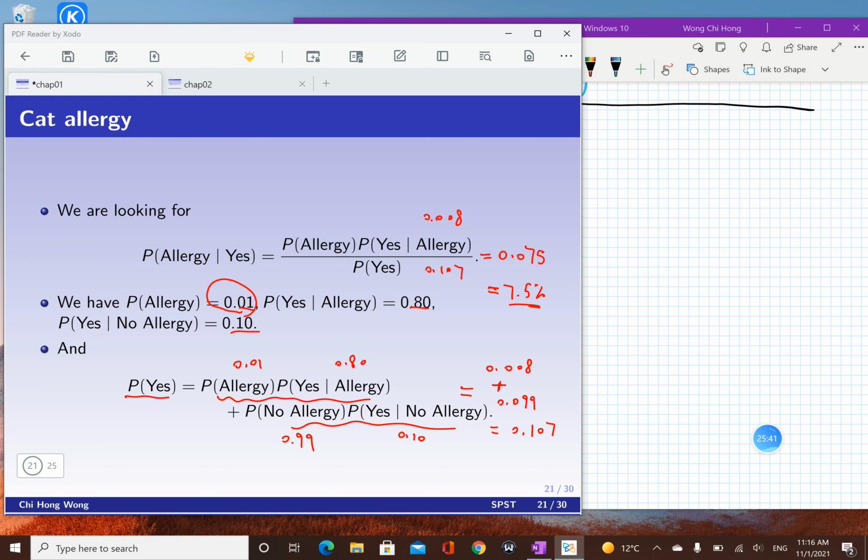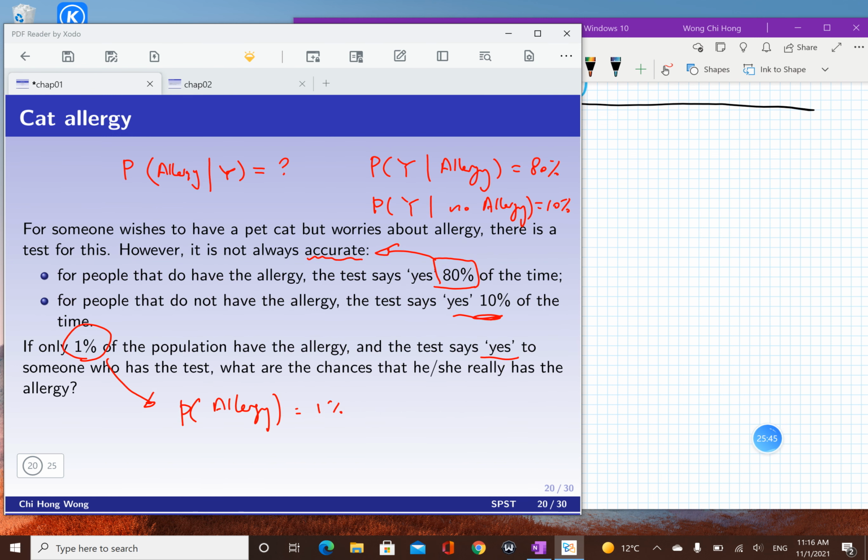The accuracy of tests is about these numbers. If people have the disease, how likely is it that the test will give you a positive result, and if you don't have the disease, how likely is it that the test gives you a negative result.